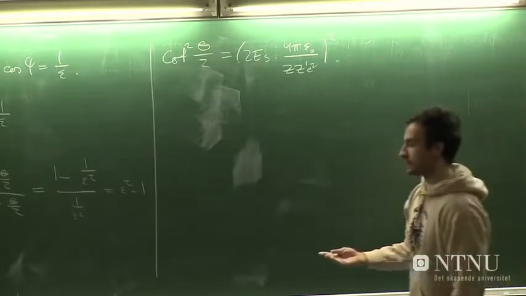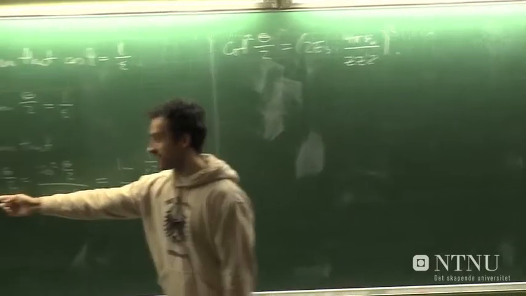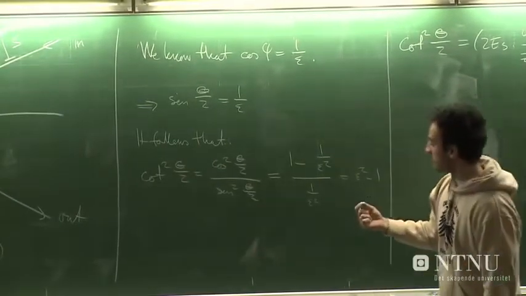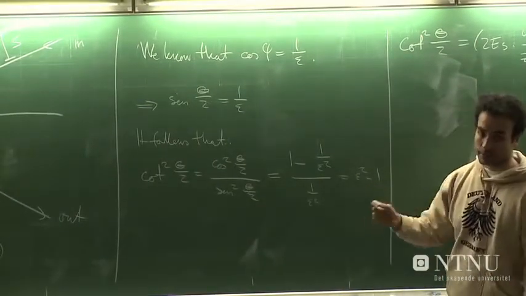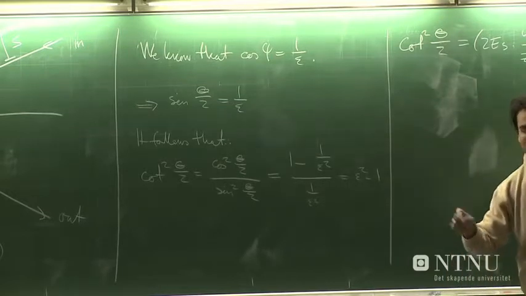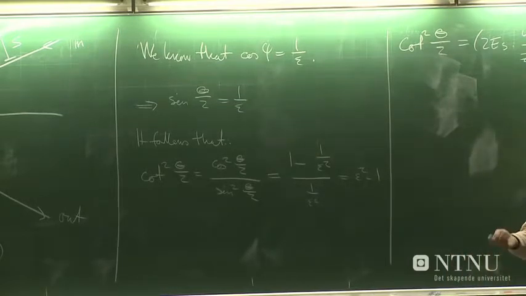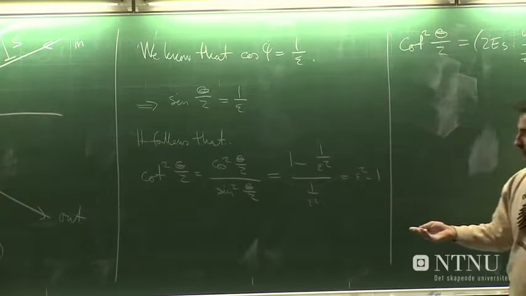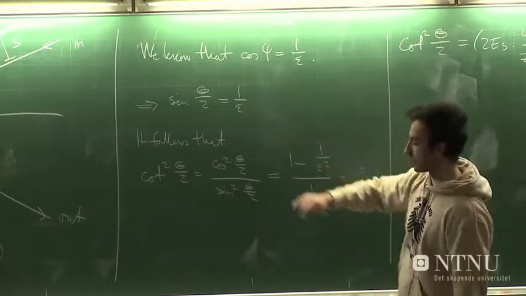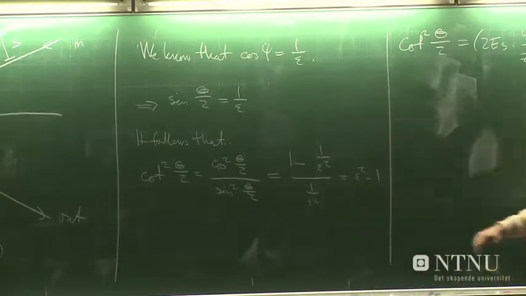So the reason I've mucked about with these cotangents is that I wanted something that depends on epsilon squared, because epsilon is defined as the root of 1 plus this coefficient times energy. So instead of having to drag around this root, I now obtained the square of epsilon.